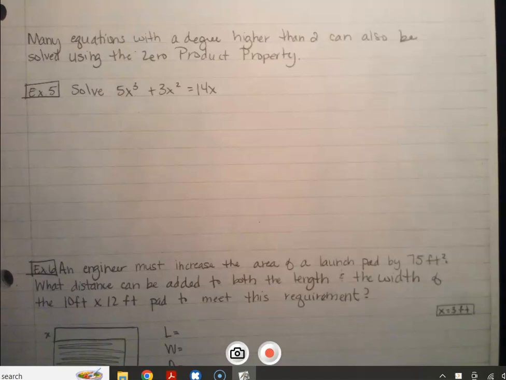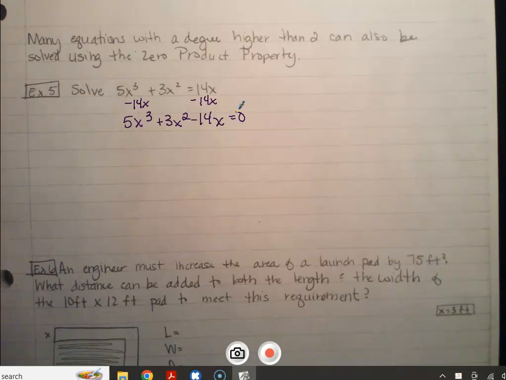Again, we have this 14x over here. We don't want that. It has to be 0. So let's subtract 14x. Then we have 5x cubed plus 3x squared minus 14x equals 0.